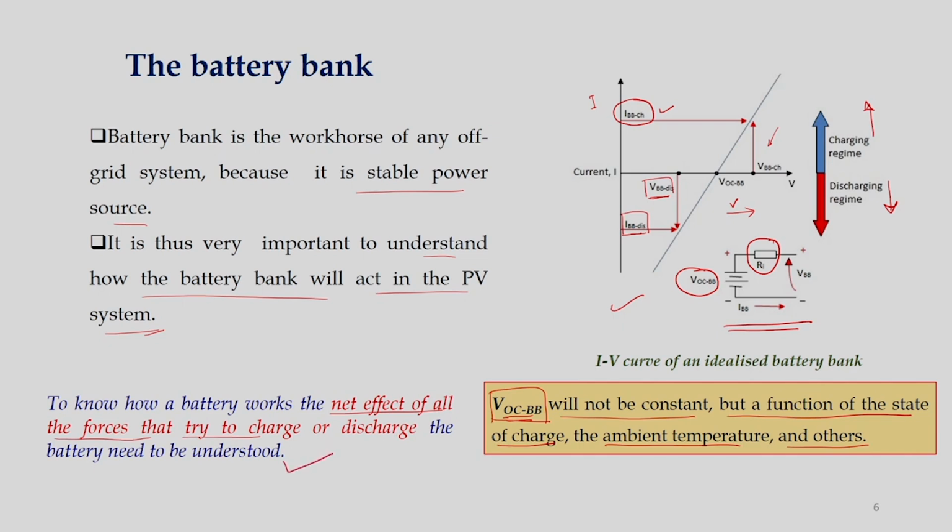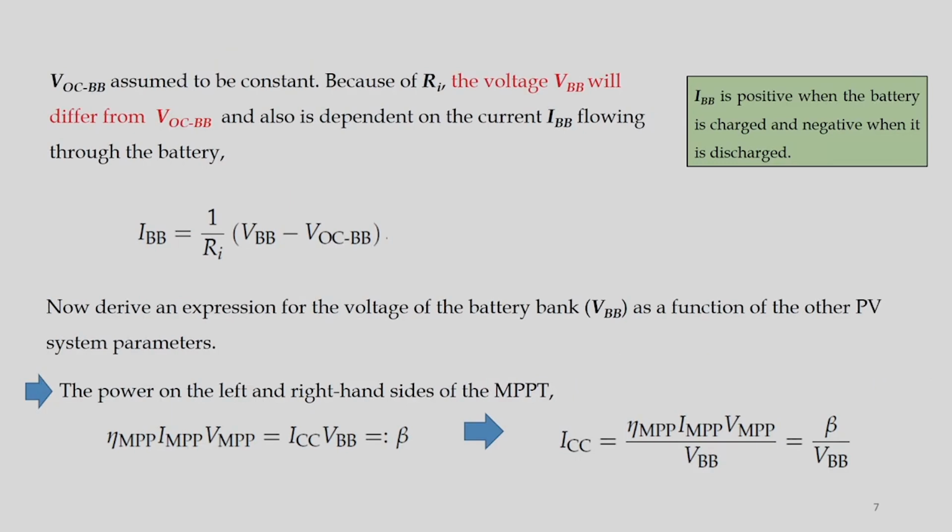Now, as we said, this V_OC,BB is assumed to be constant for our analysis. Because of this R_I, the battery bank voltage V_BB will differ from the open circuit battery bank voltage, and is also dependent on the current I_BB, the amount of current flowing through the batteries.